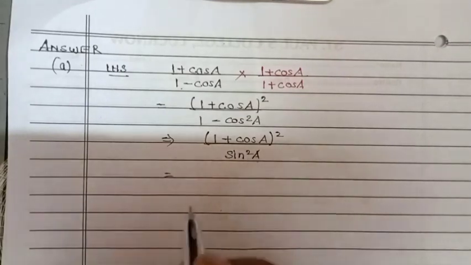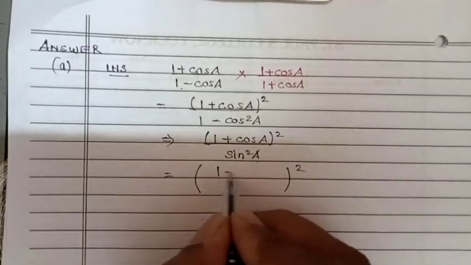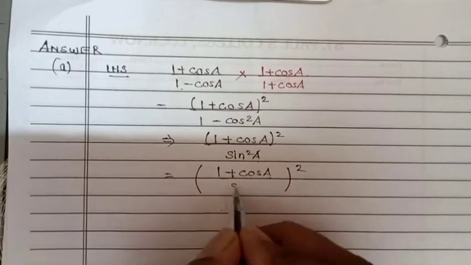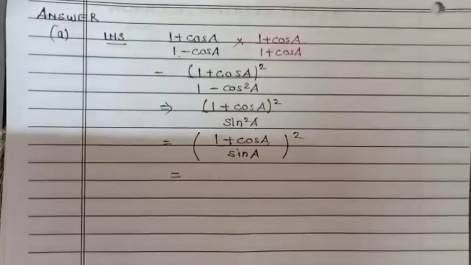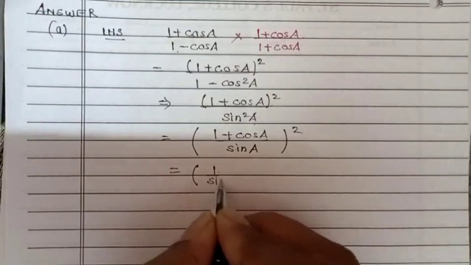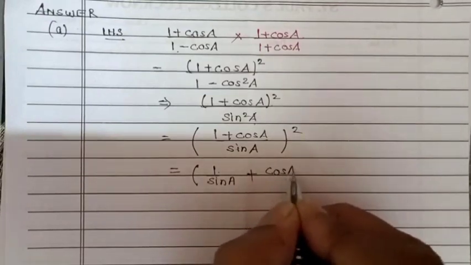Now taking the square common in the numerator and the denominator, it's 1 plus cos upon sin A. So you will break it partially, so you will get 1 upon sin plus cos upon sin.